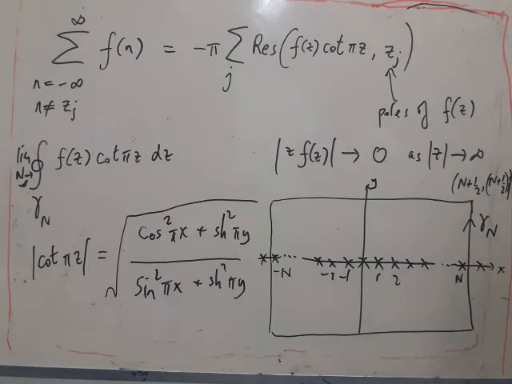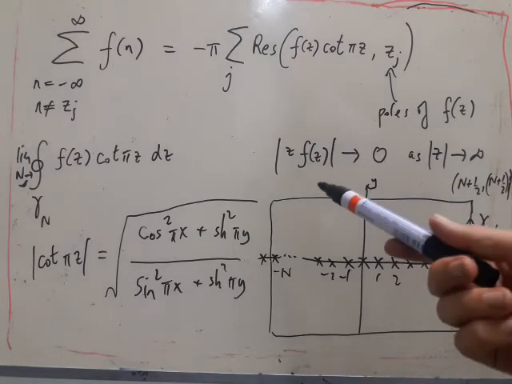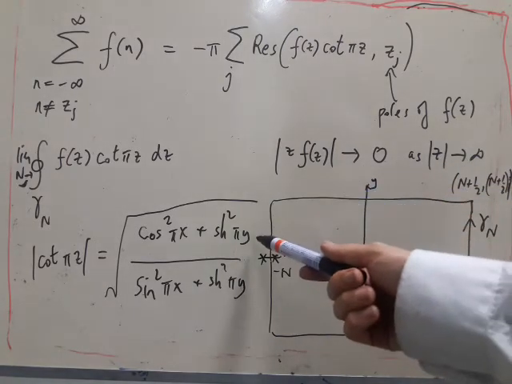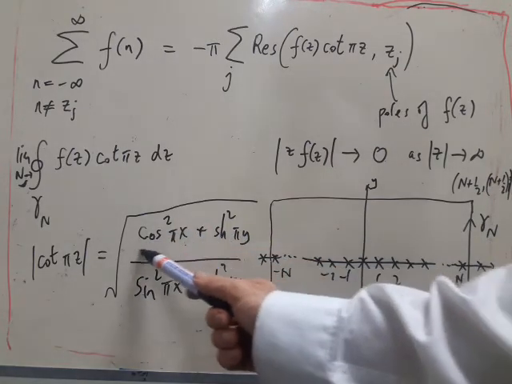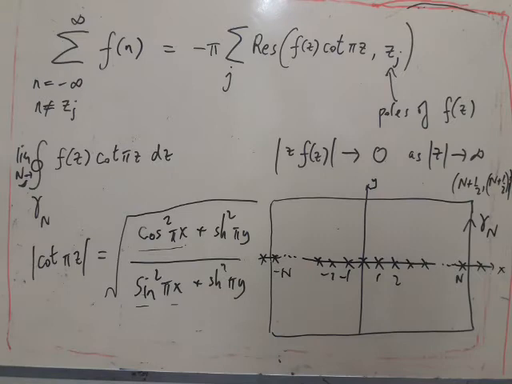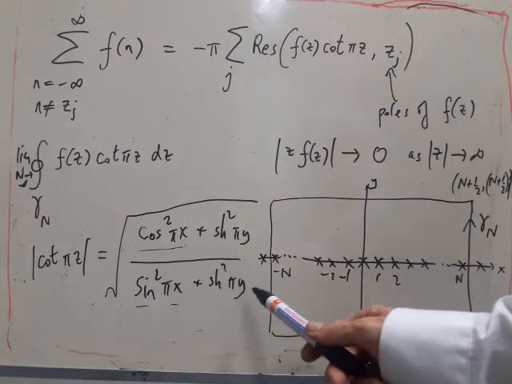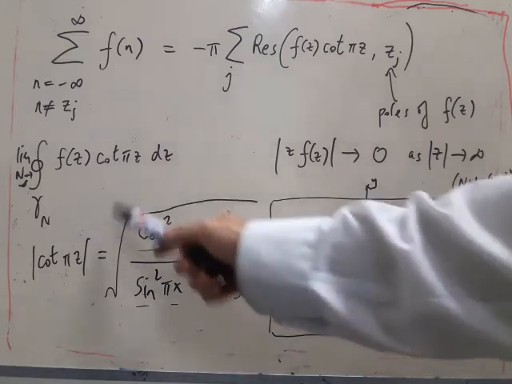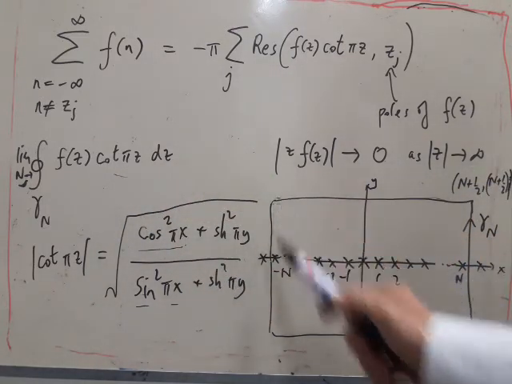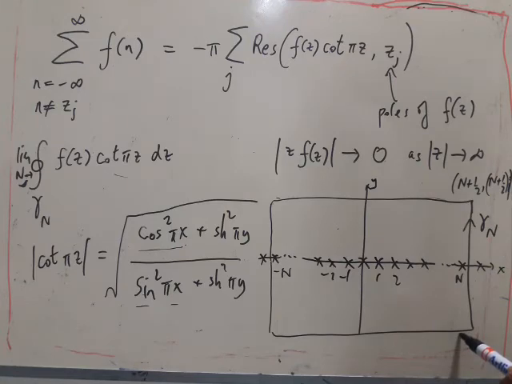So what we notice is that as y gets very large, we can forget about x. Well, obviously this only gets as large as 1. So as y gets large, this tends to 1. So along here, this thing here is going to be modulus 1. Along here, where y is also large, it's going to be modulus 1.